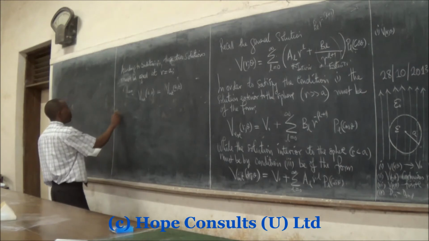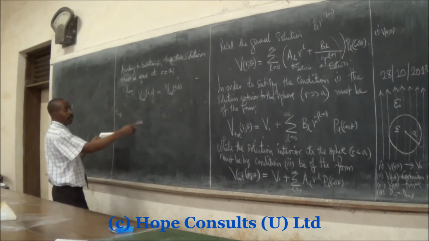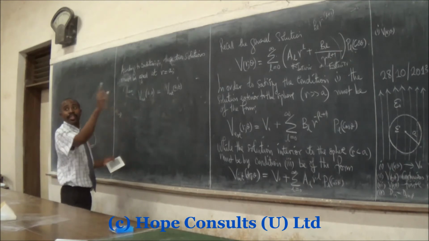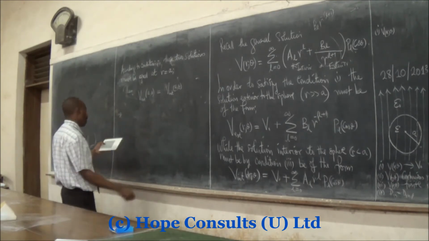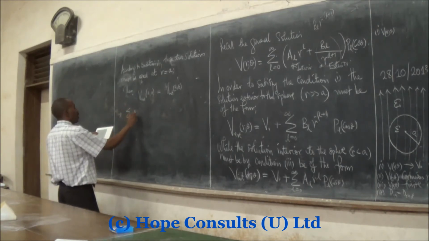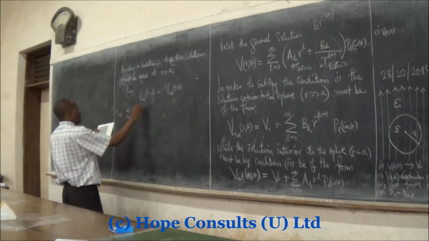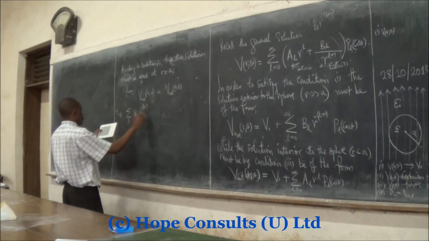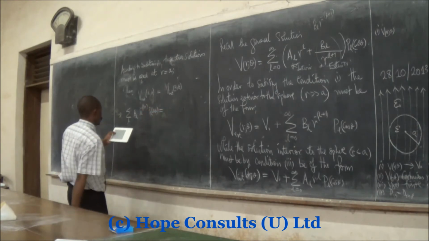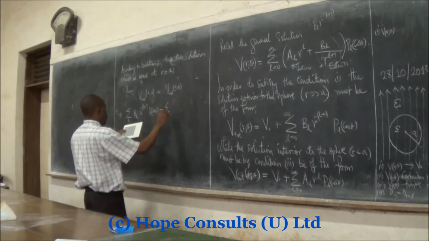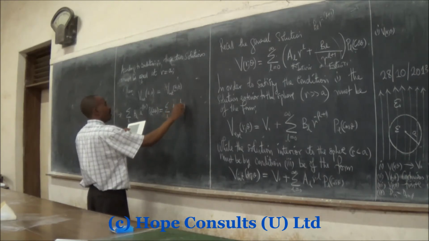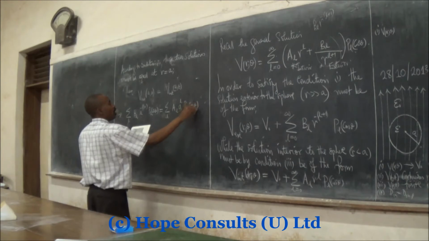If I put in the values, the V naughts cancel on both sides, so that I only remain with the summation over l of B_l a^-(l+1) P_l(cos theta) equaling the summation over l of A_l a^l P_l(cos theta).